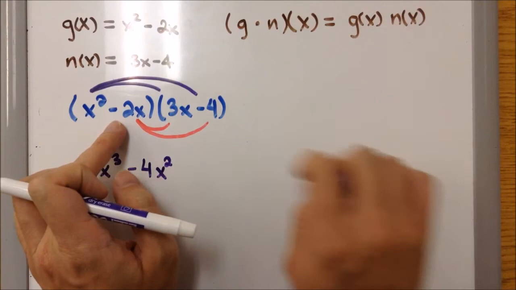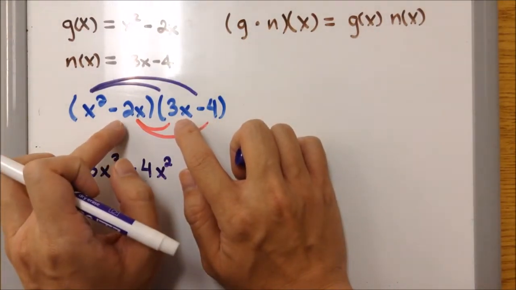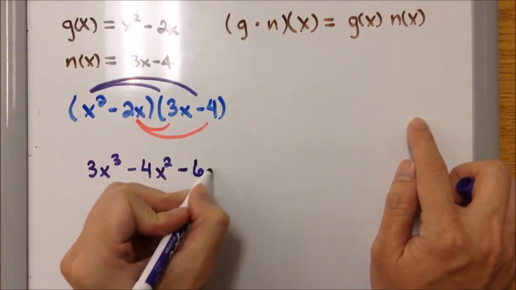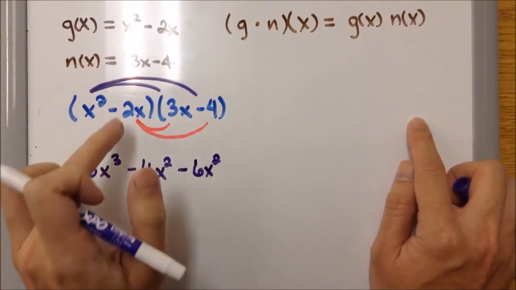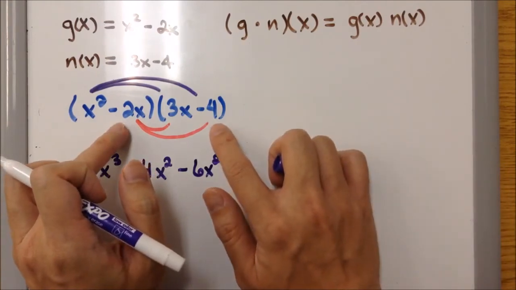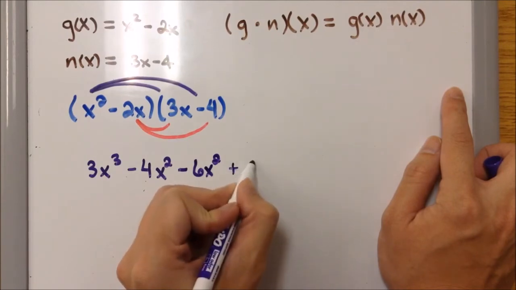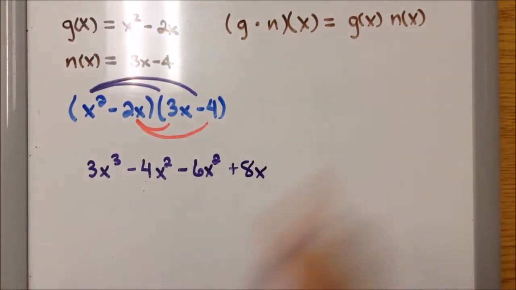And then now we're working on the second half. So minus 2x times positive 3x, that's going to be minus 6x squared. And then minus 2x times minus 4, well, that would become a plus 8x. Alright, we're done with foiling, multiplying.